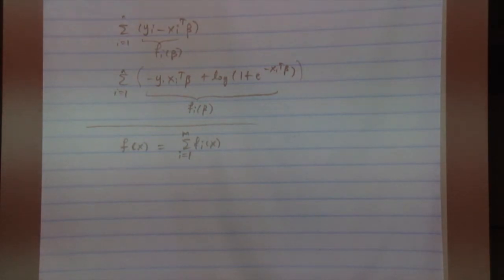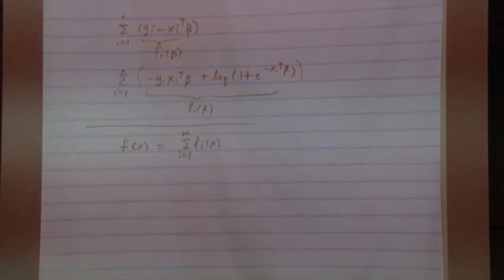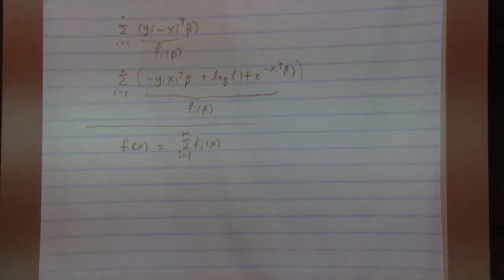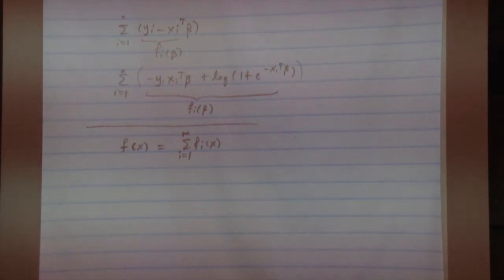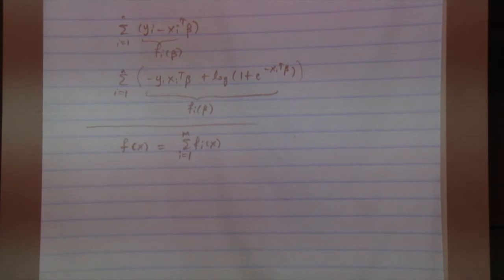In other words, to take a single subgradient step, looking back at the slides, I have to do x_k equals x_{k-1} minus t_k times the sum of subgradients g_i, i going from 1 to m, where g_i is a subgradient of f_i. This comes right from the subgradient calculus rules. This whole sum is a subgradient of this whole sum of functions.